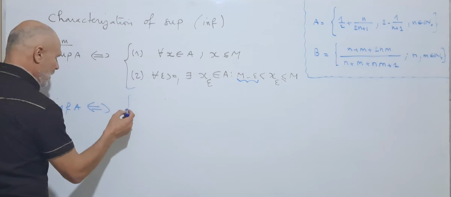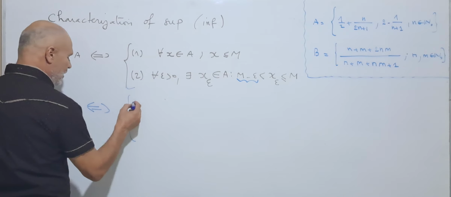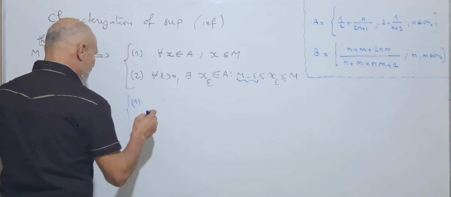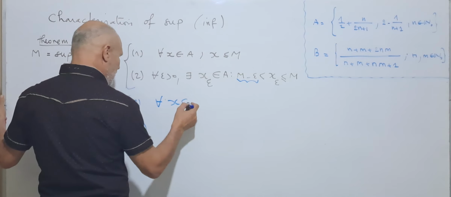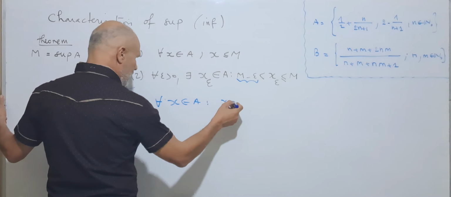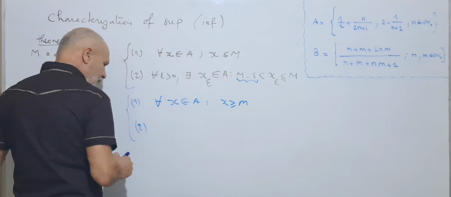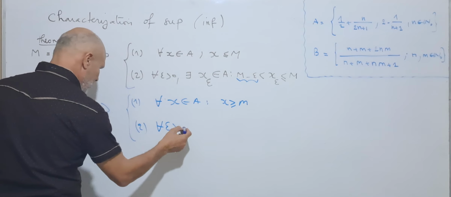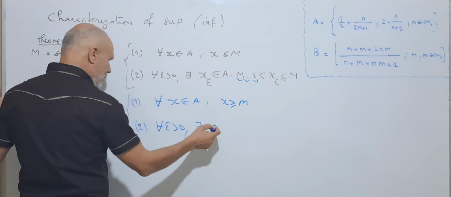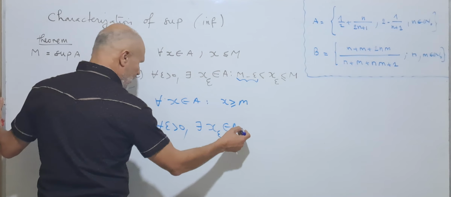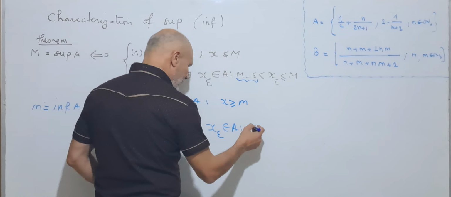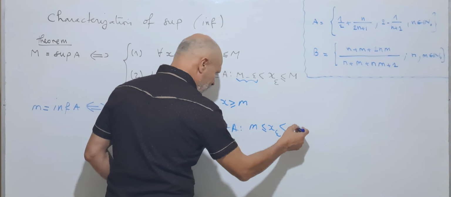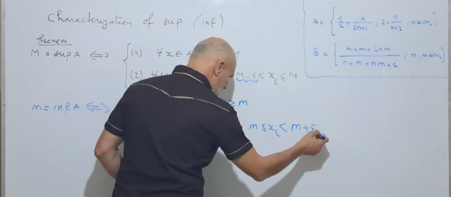In this case, we have equivalence between these two properties: for all x in A, x is greater than or equal to little m, and for all epsilon greater than 0, there exists x epsilon from A such that little m is less than or equal to x epsilon, which is strictly less than little m plus epsilon.